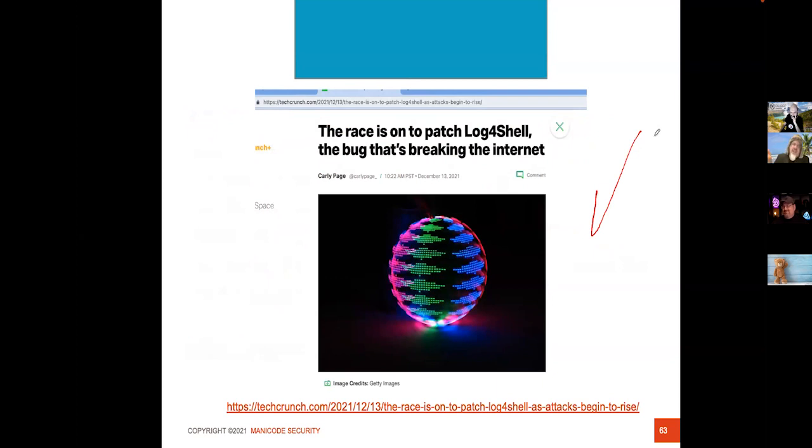The main defense right now is to update to Log4j version 2.16. And if you just did a big, massive 2.15 patch, it's kind of unfortunate, but you really should probably upgrade to 2.16 in some situations.